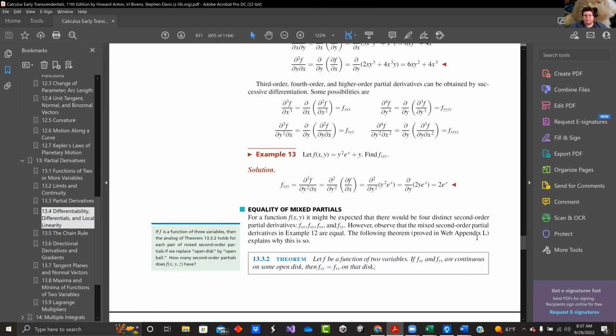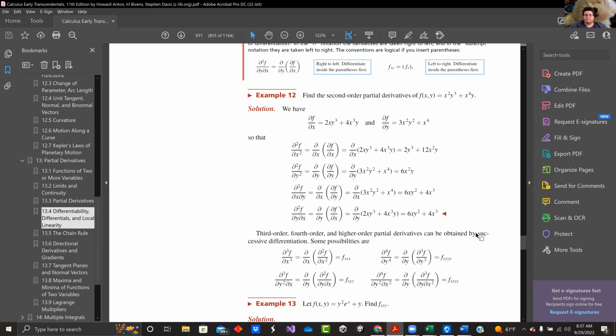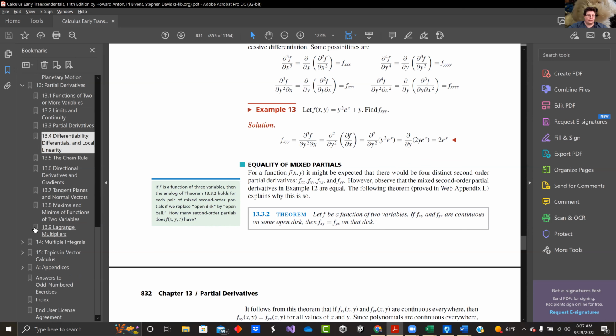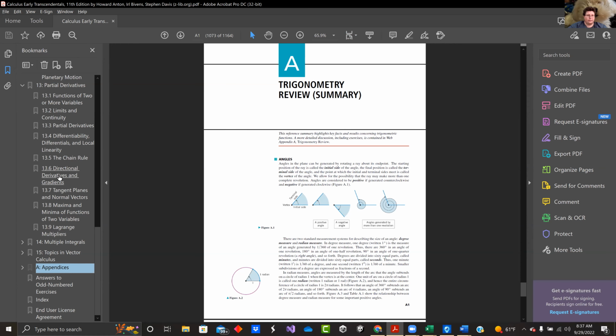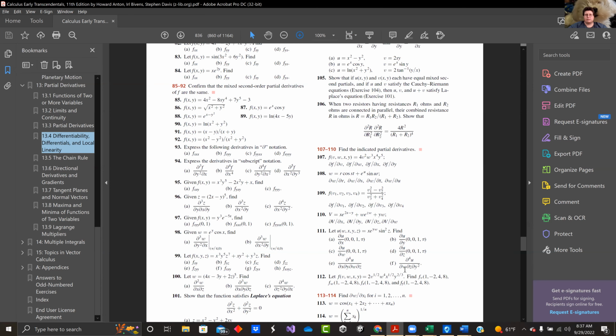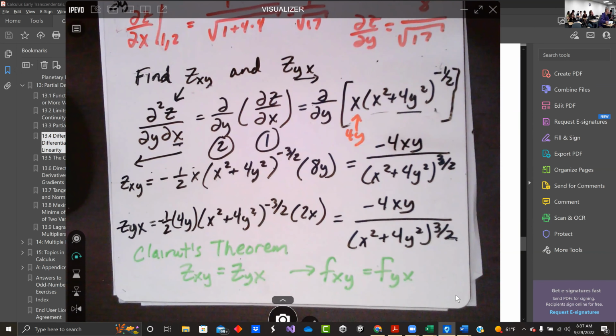Maybe it doesn't say Clairaut, but that's who wrote it. It is called Clairaut's theorem. Apparently they label it in the appendix, Web Appendix L. Oh, we're not on the web, never mind. But it's in there, so that's again assuming it's differentiable and continuous there.